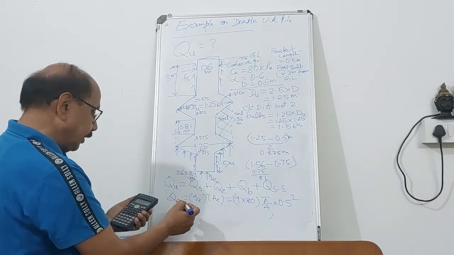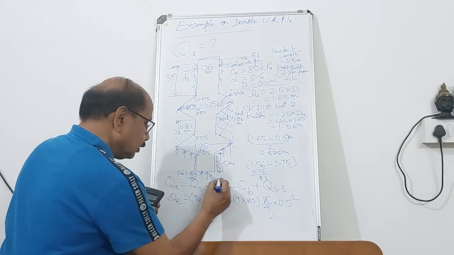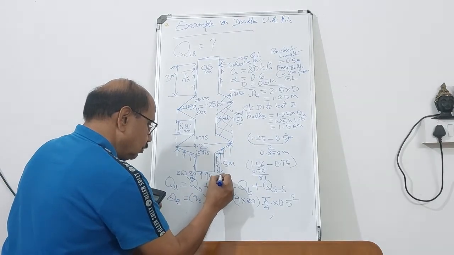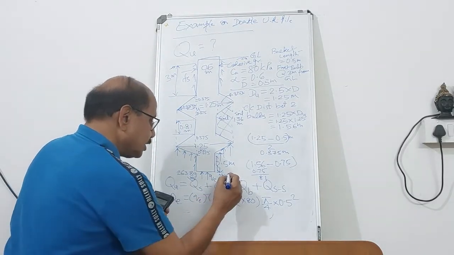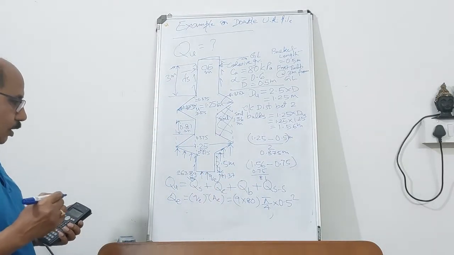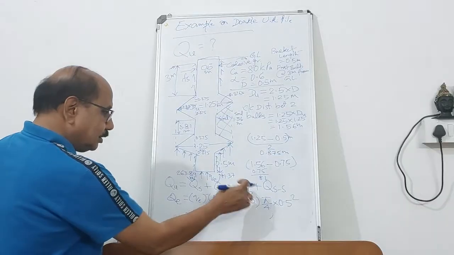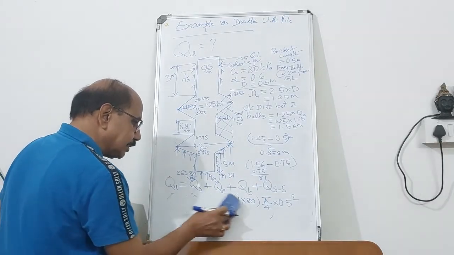This comes out to be 141.37. So this is 141.37 kilonewton. Now, the third term is QB. So let's calculate that.